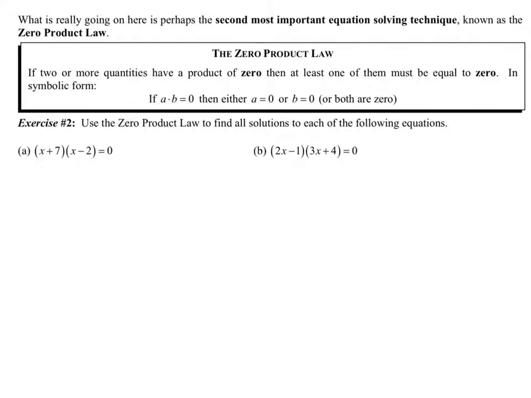So the zero product law says that if two or more quantities have a product of 0, then at least one of them must be equal to 0. In symbolic form, if a times b equals 0, then either a is 0 or b is 0 or both are 0. So we're going to do the same thing that we just did for the last one. I have x plus 7 equals 0, and I also have x minus 2 equals 0, and we need to solve each one for x.